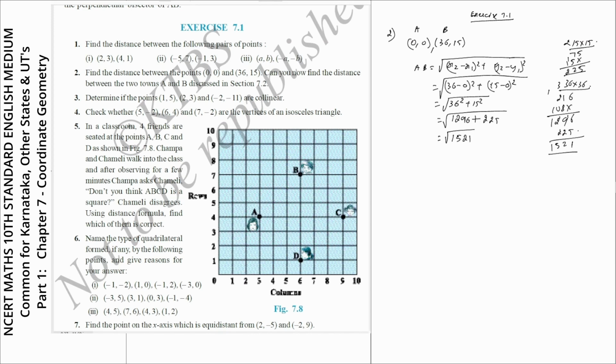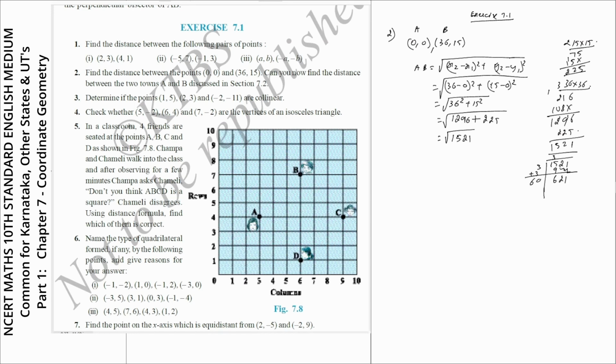Now what is the square root of 1521? First I will divide: 3 threes are 9, 15 minus 9 is 6. Here I will add this 3 again, 3 plus 3 is 6, and bring down the 21.